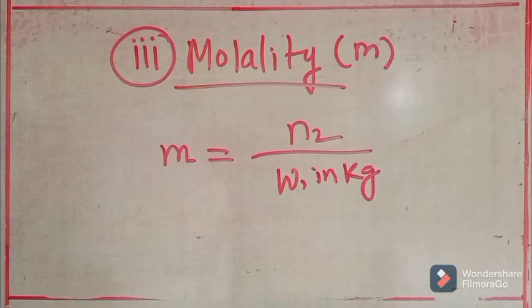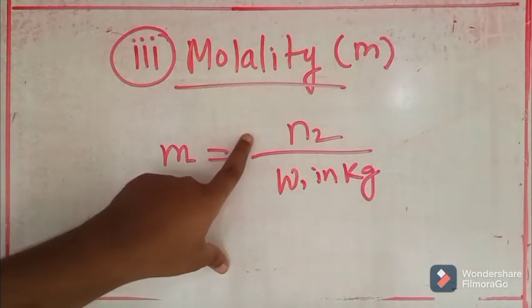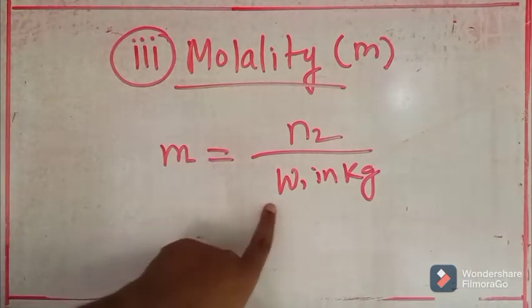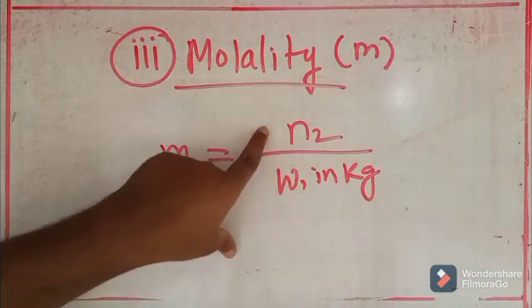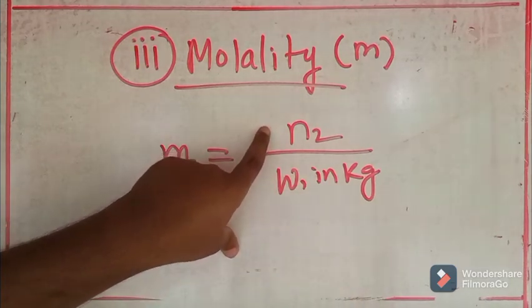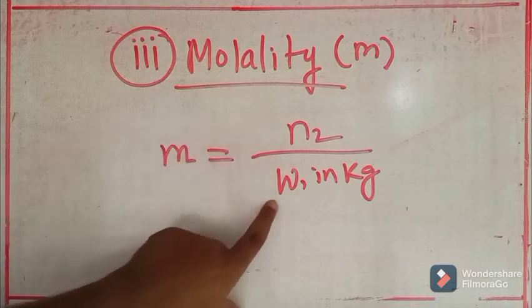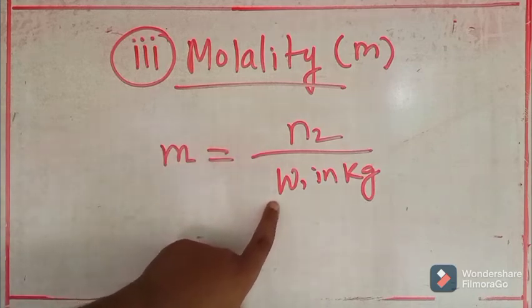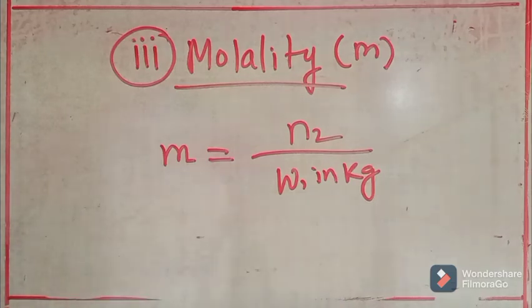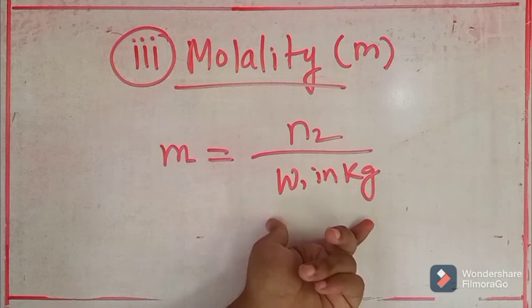So that is the moles of the solute by the weight of the solvent in kilogram. We know how to find the moles of the solute, so we will not discuss that procedure again, and the weight of the solvent in kilogram can easily be obtained.